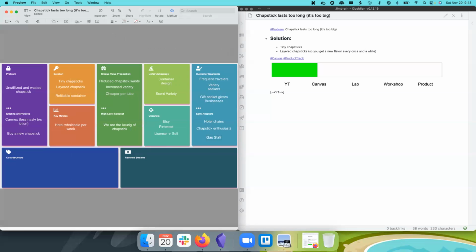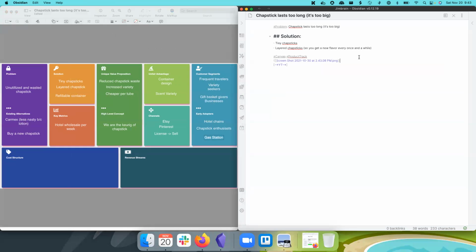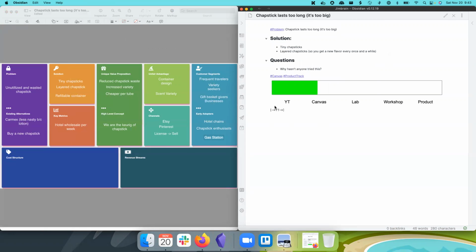Am I going to spend it? It's not an expensive purchase in the first place. I want to know why hasn't anyone tried this? I want to know what we're missing.